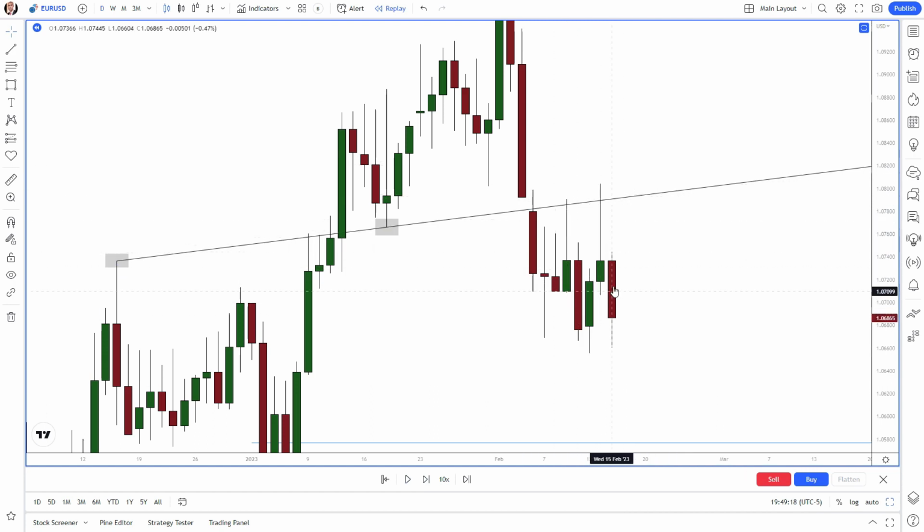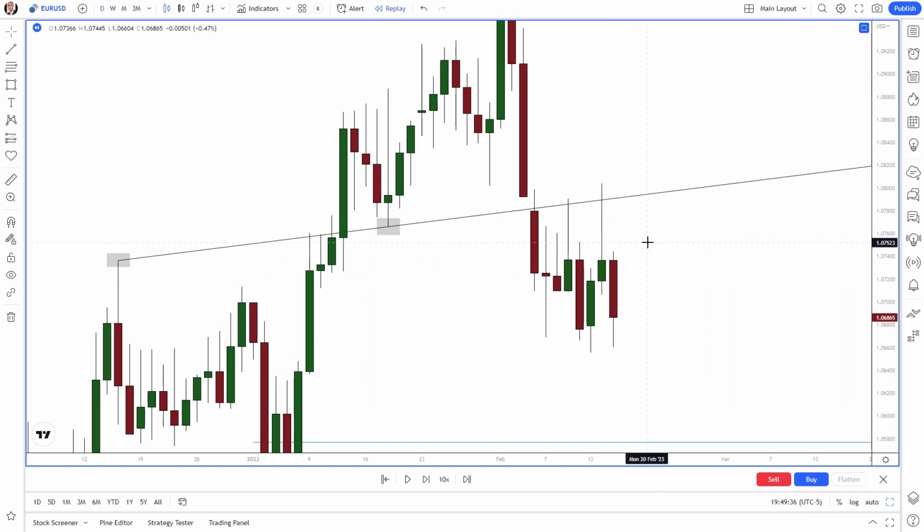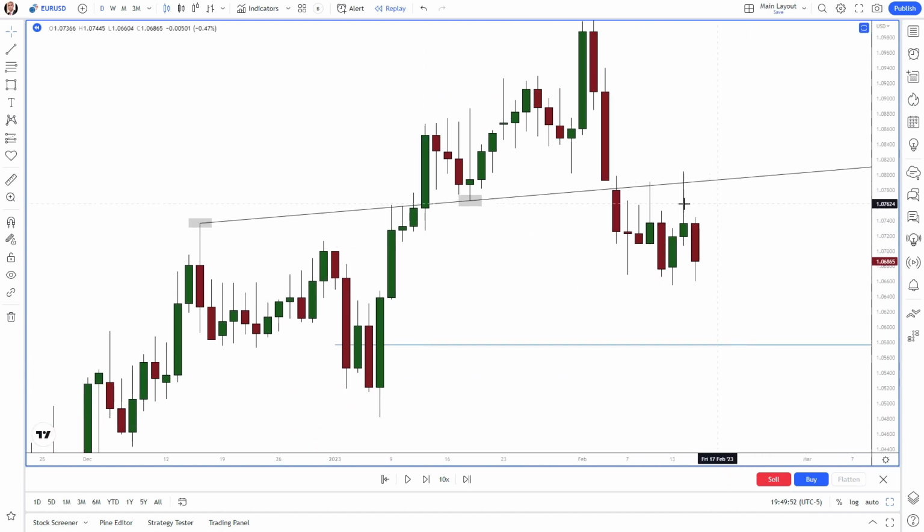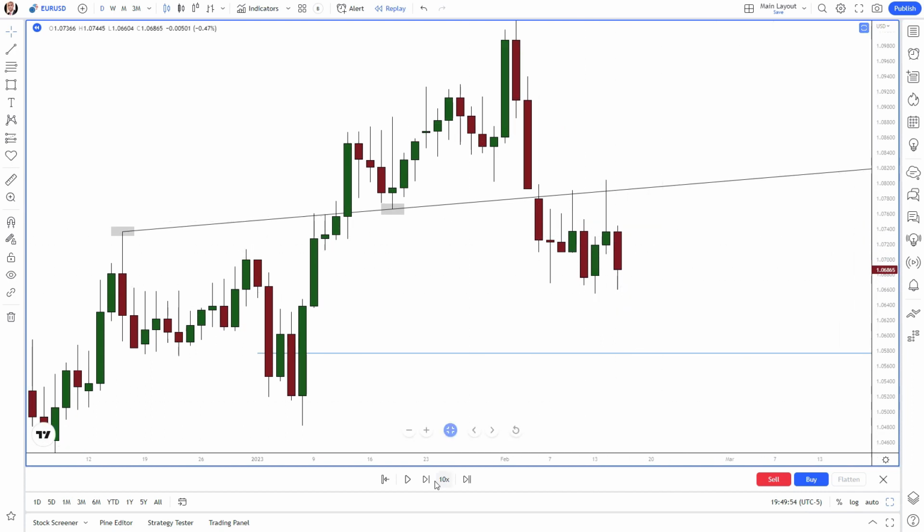Anybody here that's short was either scared out, caused to close the trade manually, or in the worst case scenario, unfortunately, for people who are highly leveraged, either margin called and their accounts destroyed, or took a significant loss. But anyway, we don't know what the market's going to do, but in this case, it went all the way back up to take out whoever's short from down here, or scare anybody else who's short up here, and then faded out, respected this trend line, okay, and then continued lower.